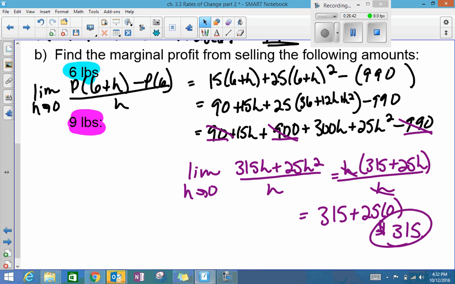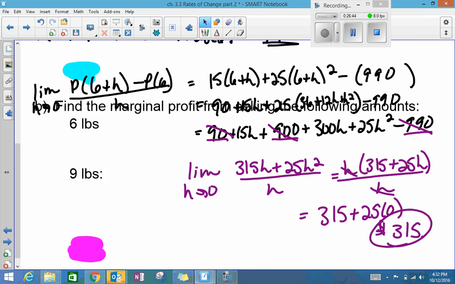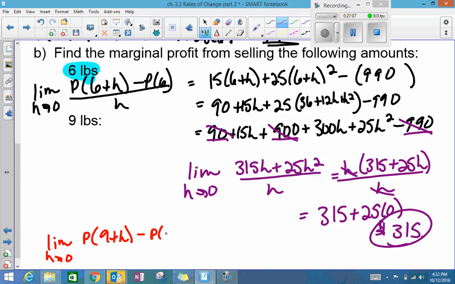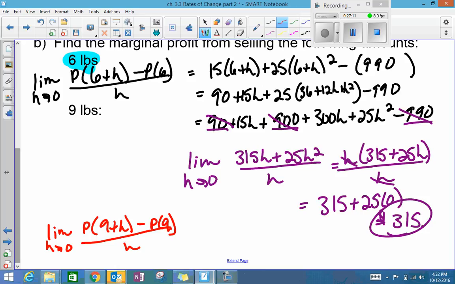Now we want to try the instantaneous rate of change of 9 potatoes, 9 pounds of potatoes. So let's run through that. So we have the limit as h approaches 0 of P of 9 plus h minus P of 9 all over h.